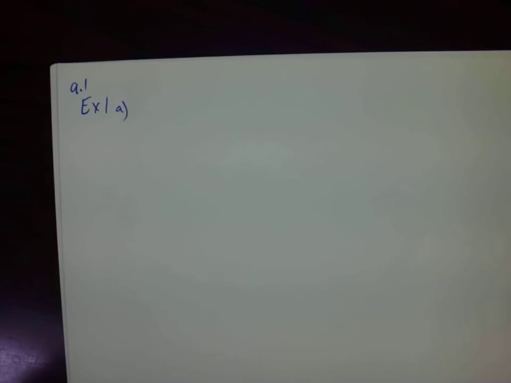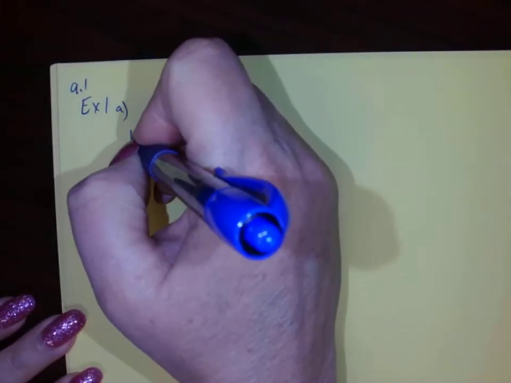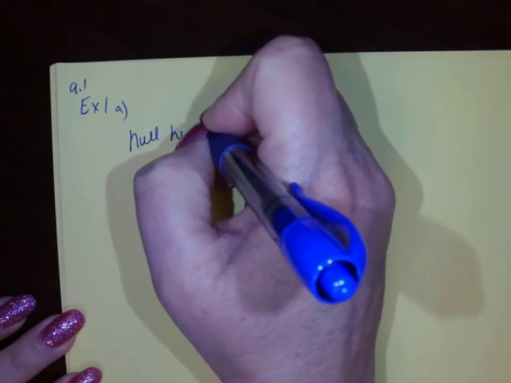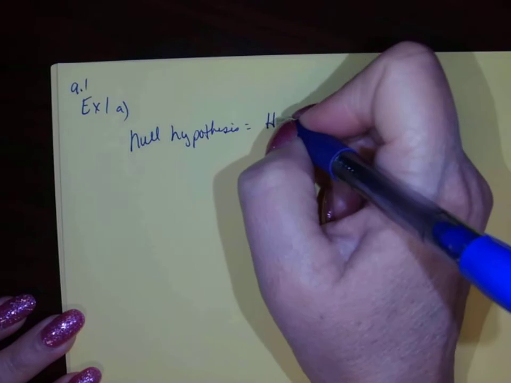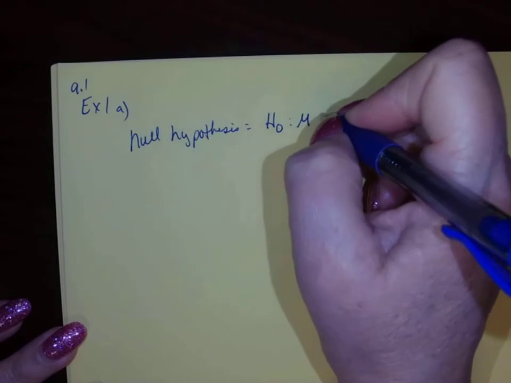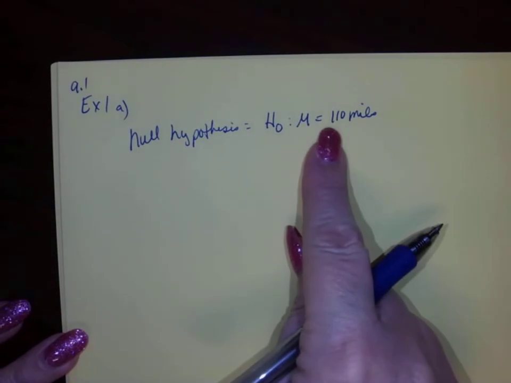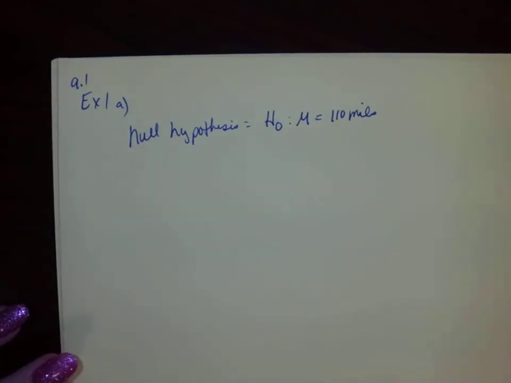This is 9.1, example 1A. Remember that the null hypothesis must state that the population mean is equal to a specific value. So we're going to recognize the null hypothesis as the advertised claim that the mean range for the cars is 110 miles. So our null hypothesis, H sub naught, is mu equals 110 miles. That population mean is equal to 110 miles.